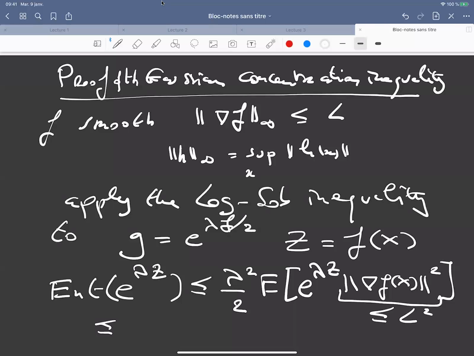And so this is less than lambda square over 2 L square times the expectation of exponential lambda Z.